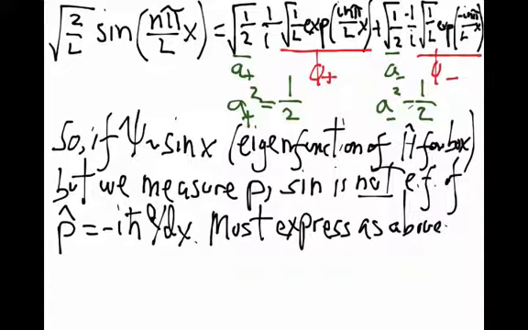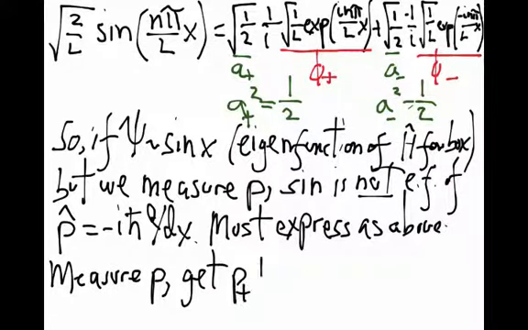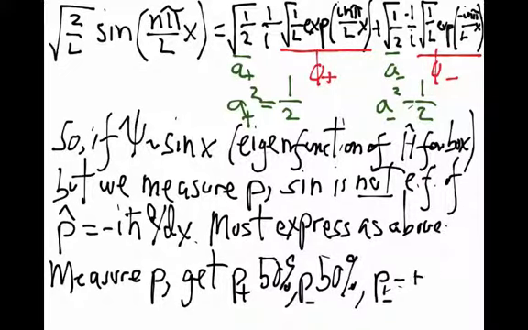And you can always do that. So we find another way to express it where we do have eigenfunctions of momentum, and then we merrily measure momentum, p. And we're going to get p plus 50% of the time and p minus 50% of the time, because that's A plus squared and A minus squared. And we can concisely write this as p plus or minus is plus or minus h bar times pi divided by L, all times the quantum number n.